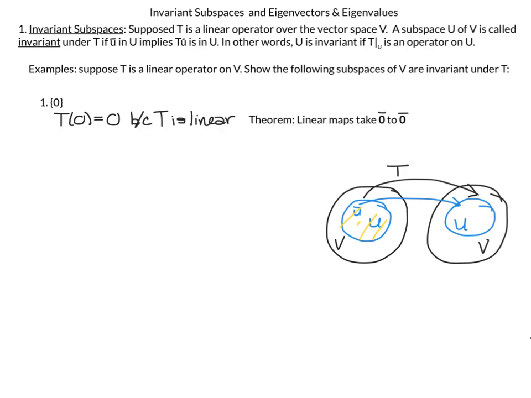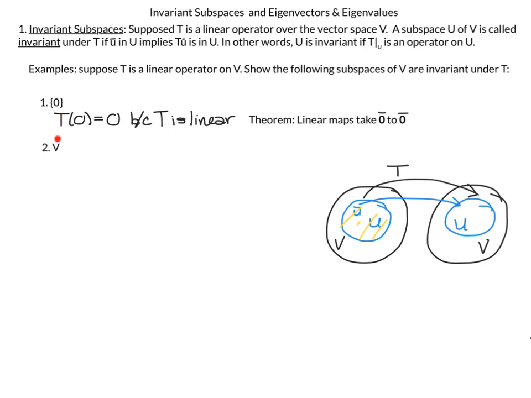So we're looking at T of 0. And we have this theorem that says linear maps take 0 to 0, and because T is linear, that means T of 0 is equal to 0. And 0 is certainly an element of this subset U here, and therefore the zero subspace is invariant under T.